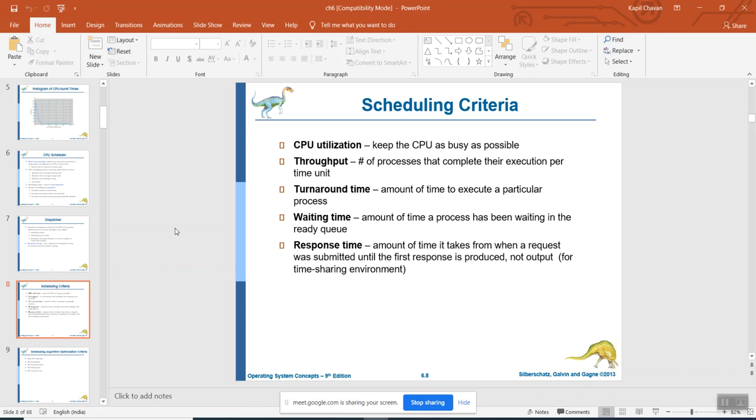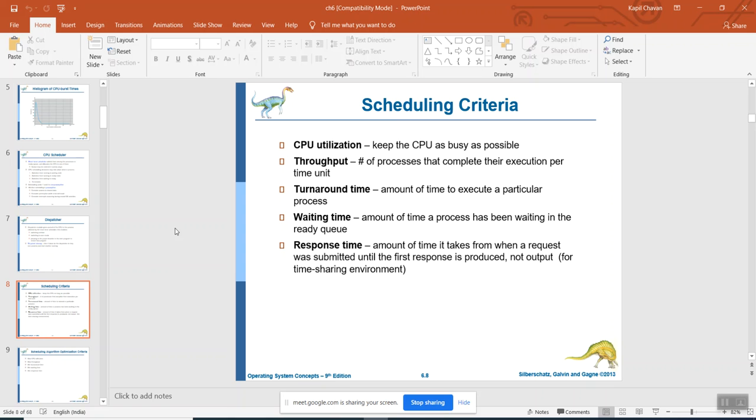Consider a time sharing system where a process executes for some amount of time. First P1 is executed for 2 microseconds, then P2 comes and executes for 2 microseconds, then P1 comes again.